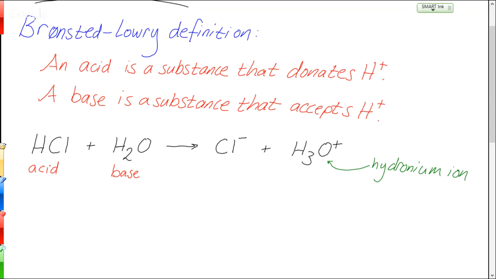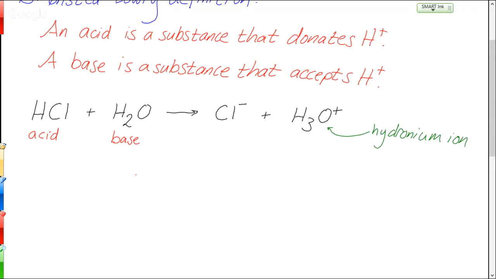So that's how we define acids and bases. It doesn't always necessarily work like that. Molecules aren't always defined in that way. So let's take another example.